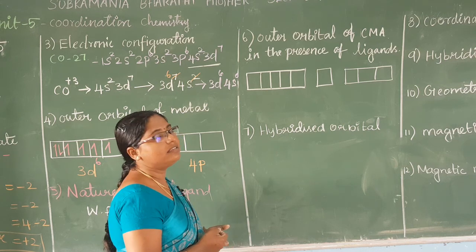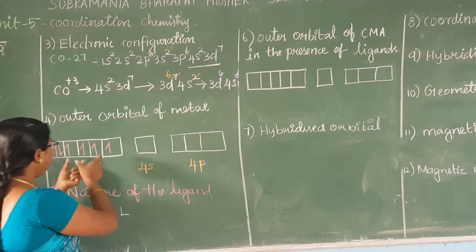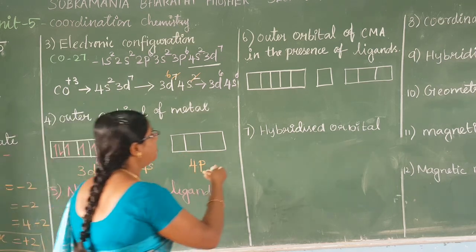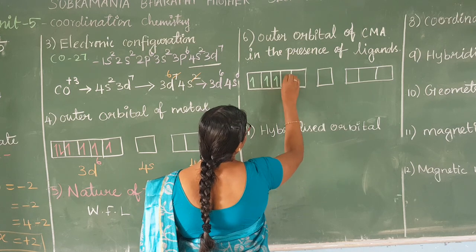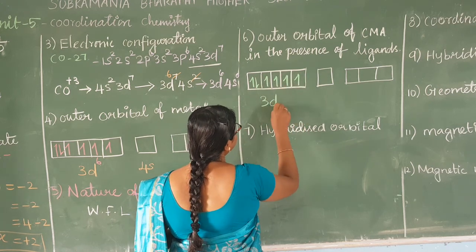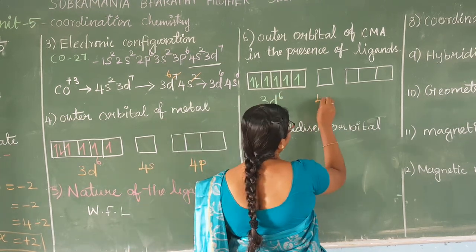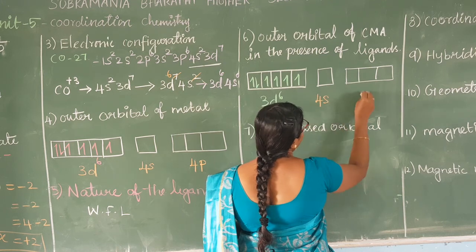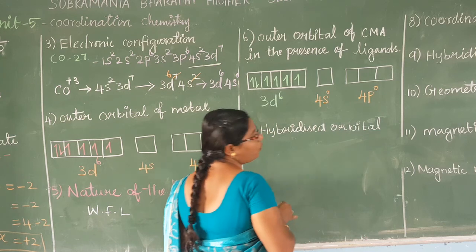Since it is a weak field ligand, it will be written as it is: 1 electron, 2, 3, 4, 5, 6. This is 3d6. Then I have to write 4s and 4p. In 4s and 4p, there is no electron.